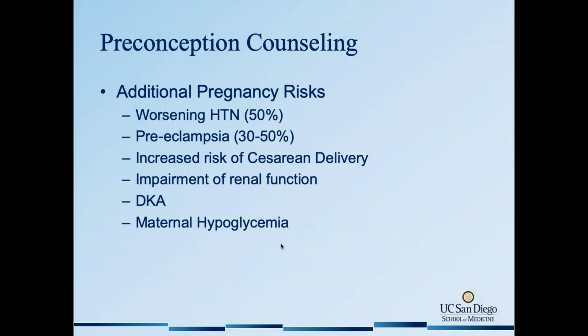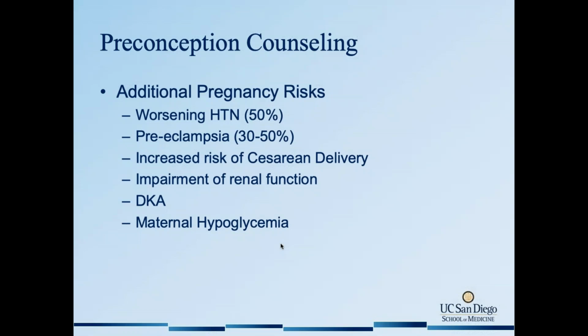We also talk about the additional pregnancy risks because I think it's important for mothers to be aware of what happens in pregnancy and what we need to watch out for, and to empower them to perform, for example, blood pressure monitoring at home. So I do counsel them that if they have hypertension, there can be worsening of hypertension in upwards of 50% of mothers.